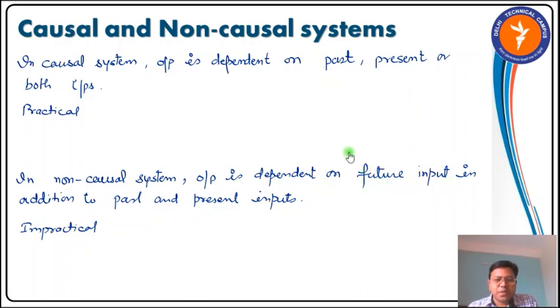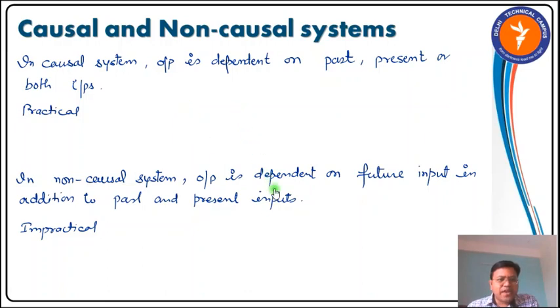There should be a future dependency of the output onto the future inputs. So if we are trying to synthesize a certain system, we can only synthesize systems that depend upon past and present inputs. So in this subject we will be discussing the causal systems only, the synthesis of causal systems.